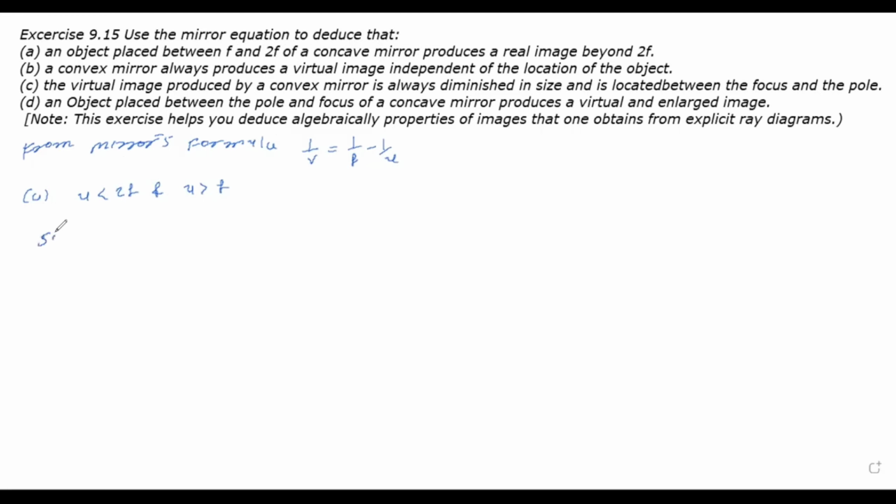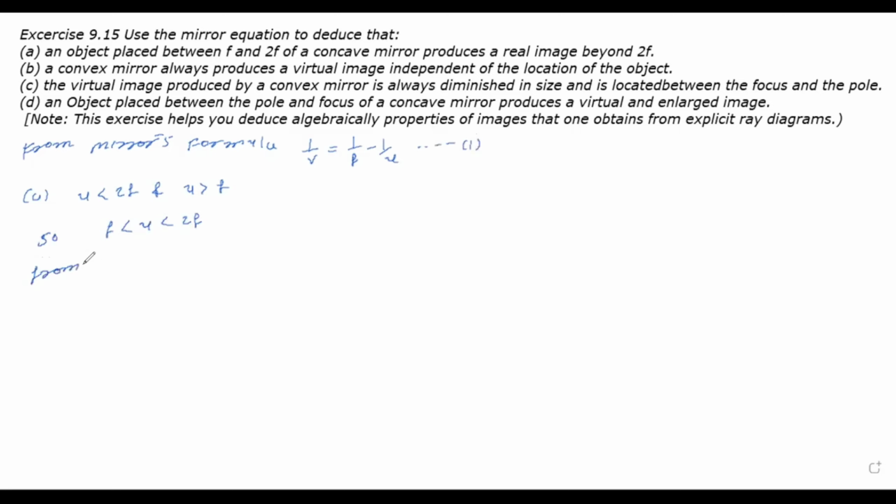So here I can say f is less than u, less than 2f. Now let's use this equation. Let it be equation number 1.